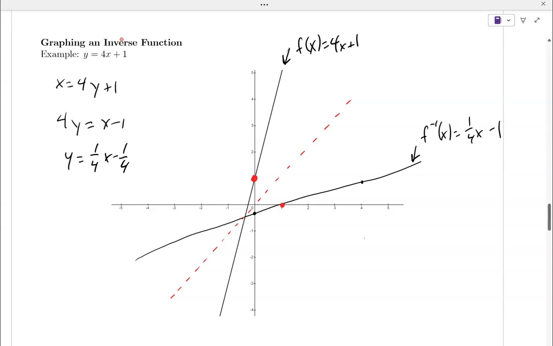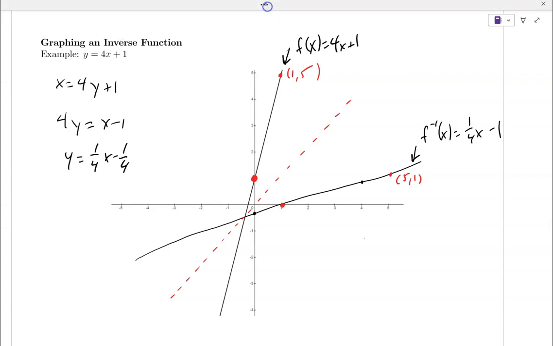Or let's say if we put in 1, up here we would get 5. This is the point 1, 5. Whoa, hey. Notice over here we would have the point 5, 1. Notice that your x's and your y's get flipped around. Right?